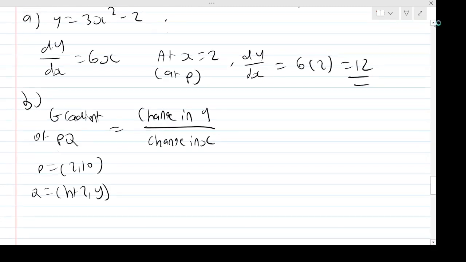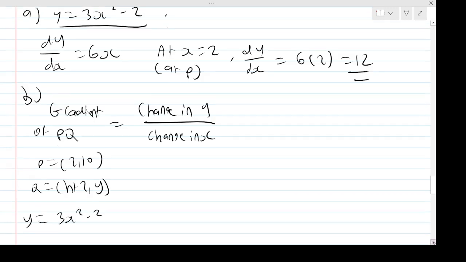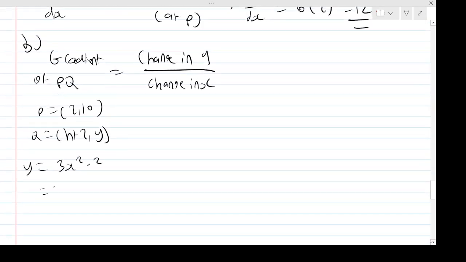But again, at Q, we're given the curve, right? We know what the curve is, so we can substitute x into my curve to get the y coordinate. So then y is 3x squared minus 2, but when x is h plus 2, that becomes 3 lots of (h plus 2) squared minus 2. Then I just need to expand the bracket.